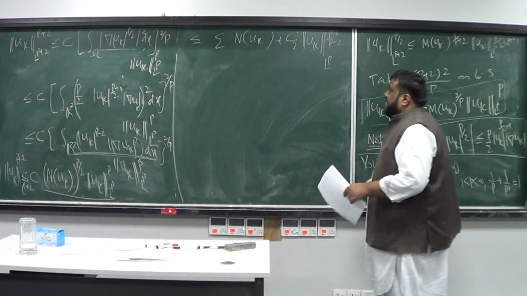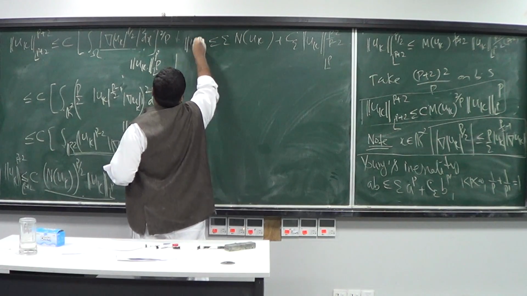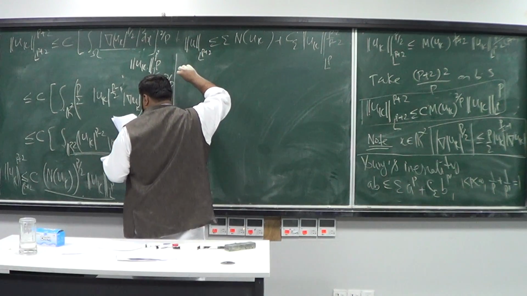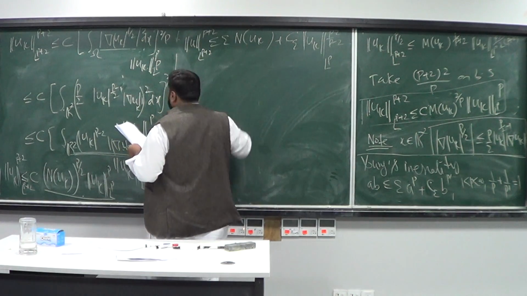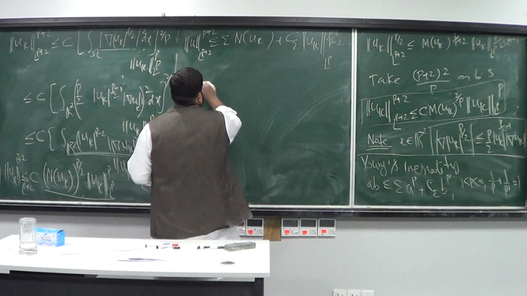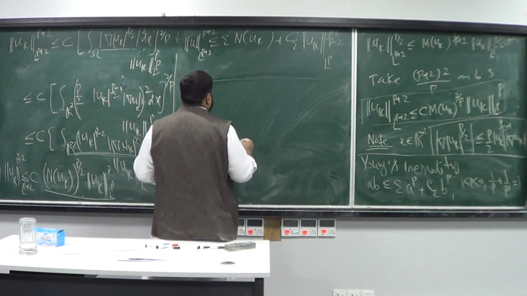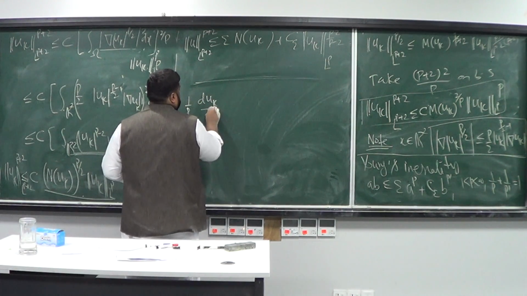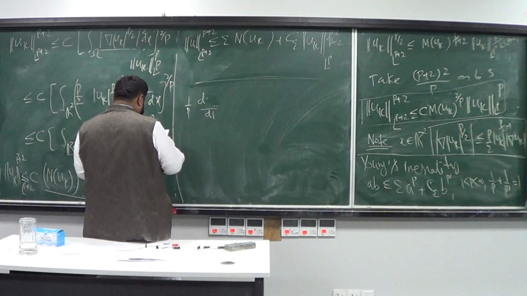Okay. And all of this is an estimate on the L^(p+2) norm to the power p+2. So now, what was our key equation, the equation that was satisfied by u_k? I can write it more explicitly.